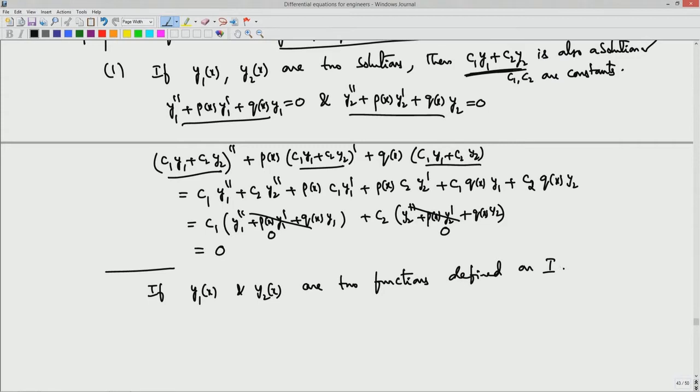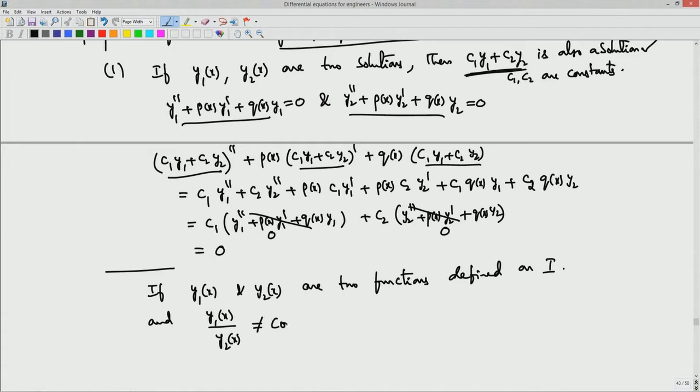I can be any interval, open interval, and let us say y1 of x divided by y2 of x.